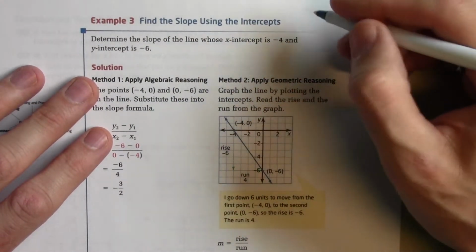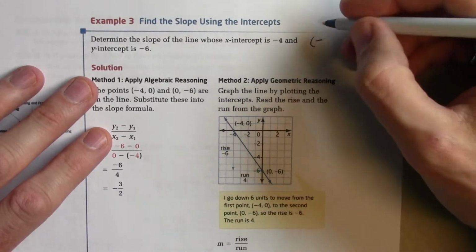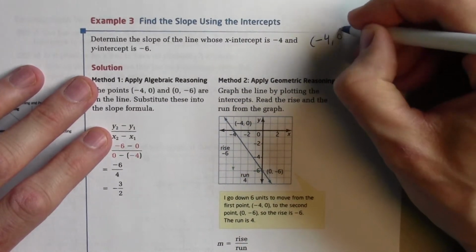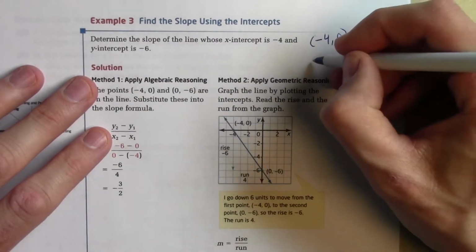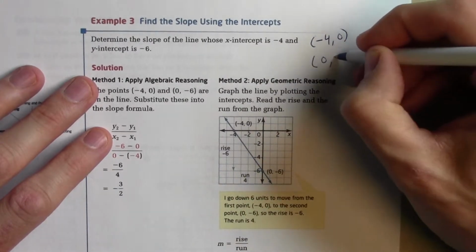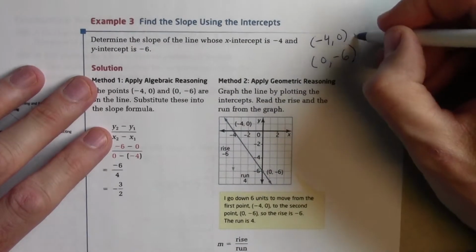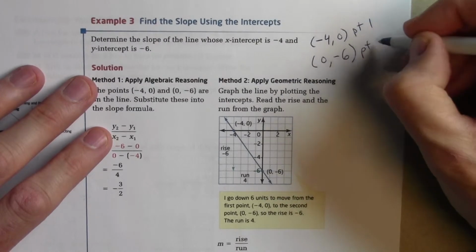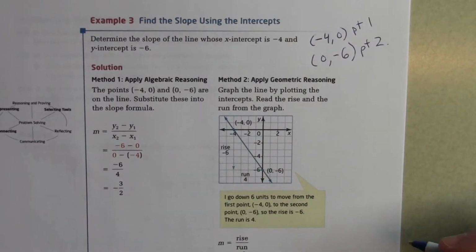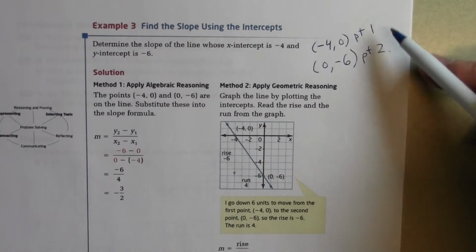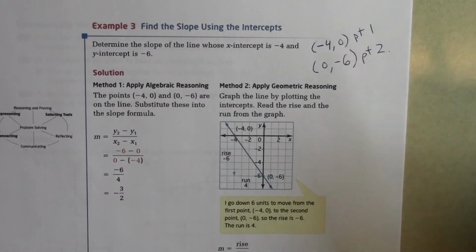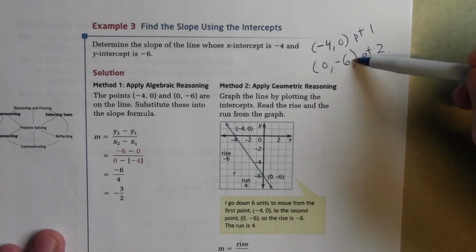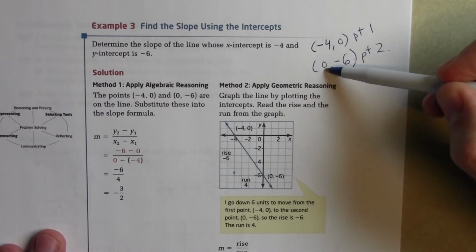So basically, these intercepts will give you your point. Your x-intercept is negative 4, that means your point is negative 4, 0, and your y-intercept is negative 6, so that point is 0, negative 6. Does everybody understand that? Point 1, point 2. Doesn't matter which one I call point 1 and point 2, as long as I'm consistent. If I call this point 2, this has to be y2, this has to be x2. Got to be consistent.